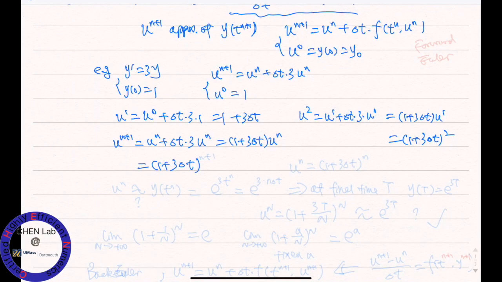Yes, to the n plus 1, which shows that un is 1 plus 3 delta t to the n.